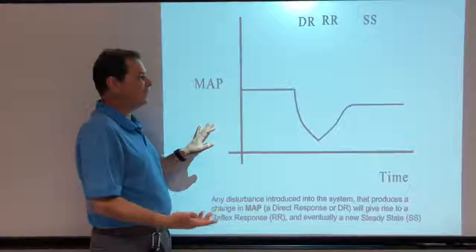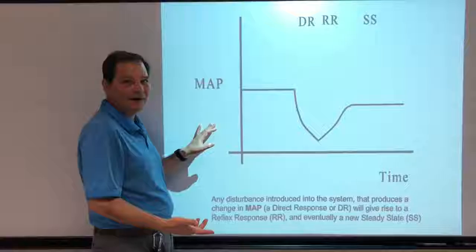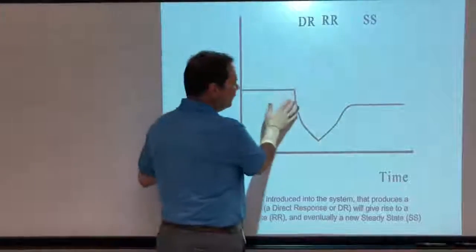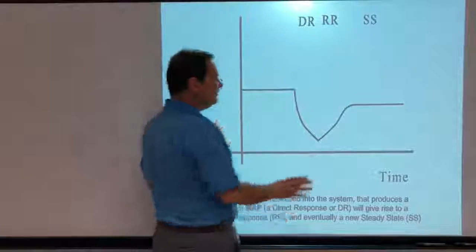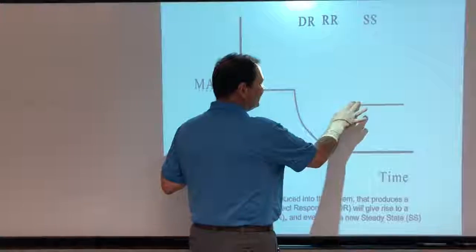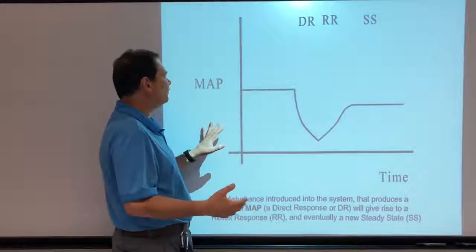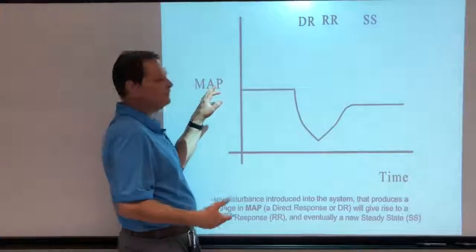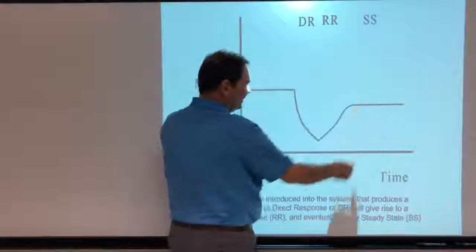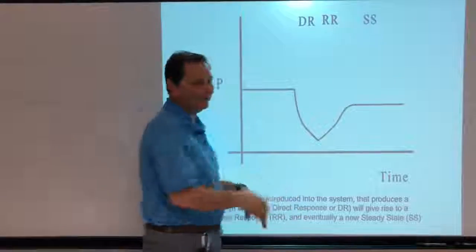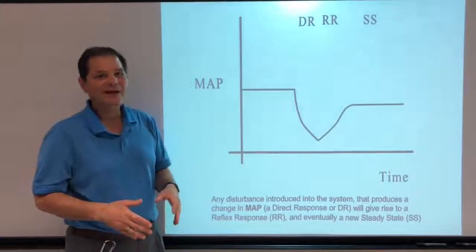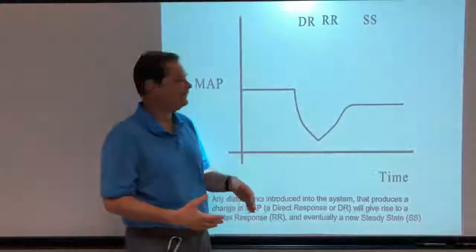And we've been talking a lot about what's involved there. So the direct response is what happens to the system when you don't think about the reflexes. The reflex response is the response of the system which tends to bring the mean arterial pressure, in this case, back up toward normal. Now, we diagram these as separate phases, but the reality is that both take place at the same time.